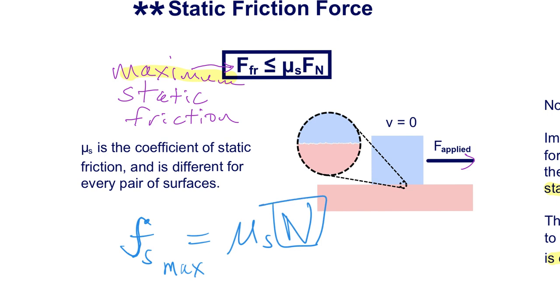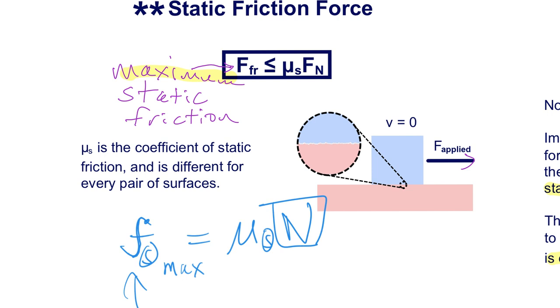Okay, it looks just like the other equation, except I got S instead of K. But the weird thing about this is you can push on something that's resting on a table, and you gradually increase your push until it just starts to budge. And that's what we're concerned with. What's the maximum friction that resists the motion of an object?